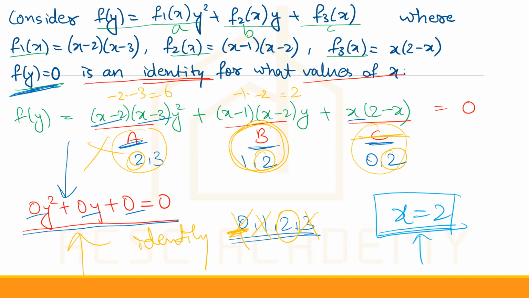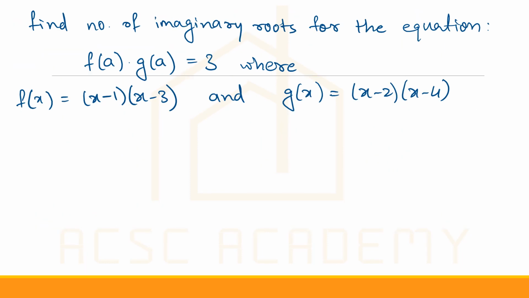Now let's move ahead. Next problem that we'll be dealing with, we need to find out the number of imaginary roots for the given equation. What is the equation? F of a multiplied with g of a equal to 3, where both of these functions have been defined over here. So ultimately, what is it that we get?